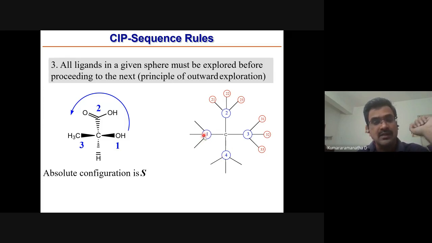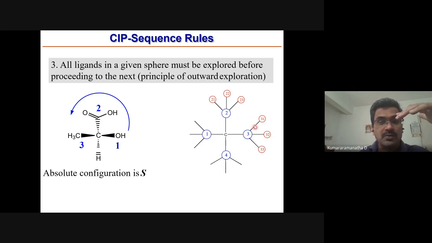If you have a direct contact with oxygen, give the assignment first, and then in this you can again go to the inner functional groups, like 3-1, 3-2, 3-3 accordingly. So first you finish the inner sphere before going to the next sphere. Again, for this you should write the absolute configuration. Even this part, I think it should be clear enough. This is the third rule.